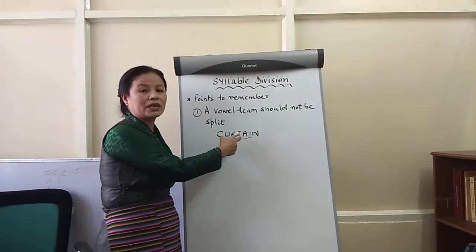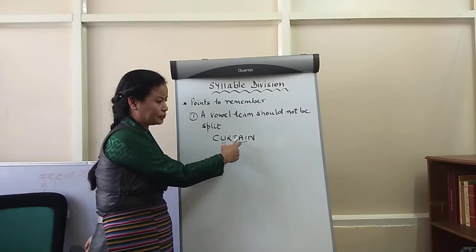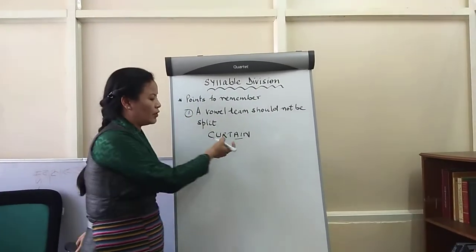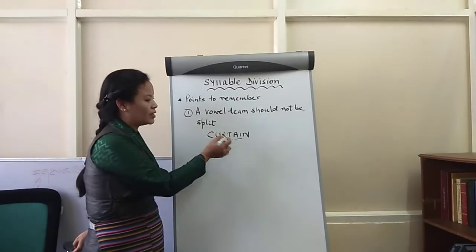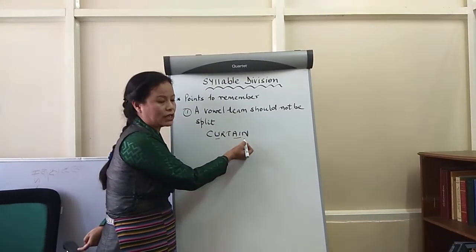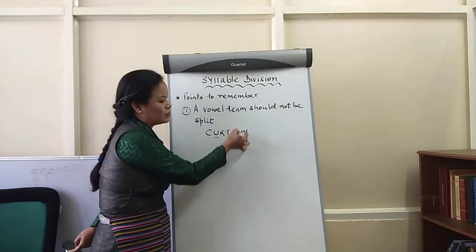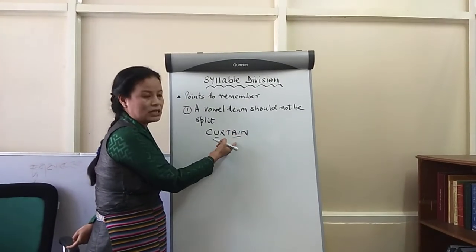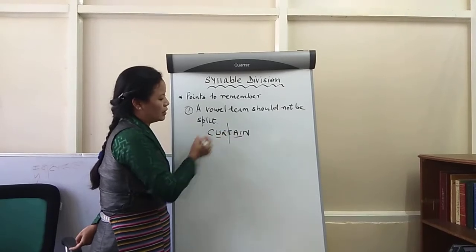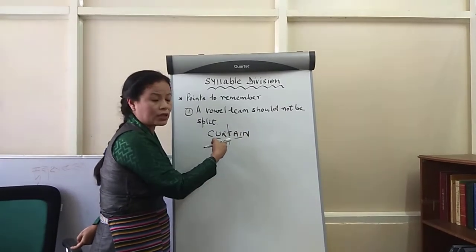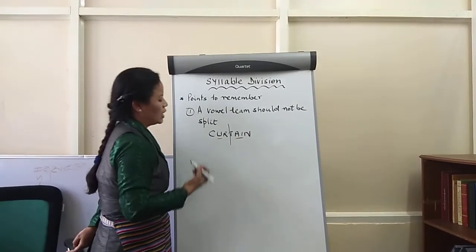The first vowel makes its sound, A-I. Whenever you have two vowels together, the first vowel produces its sound. So we should not split this. We will consider this as one vowel sound. So we will split it cur-tain.